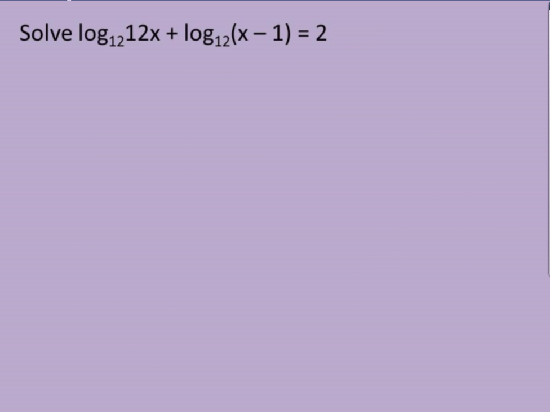On this last example, once again, we are going to need to condense on the left side. Now we have a log on the left side, but we do not have a log on the right side. But to get rid of that log base 12, we can make both of those exponents.